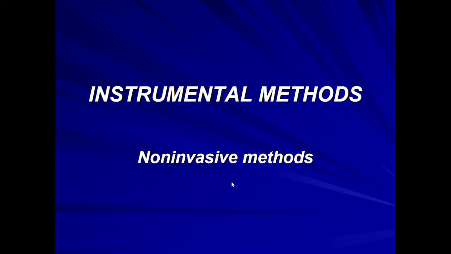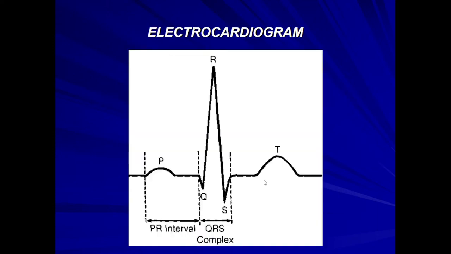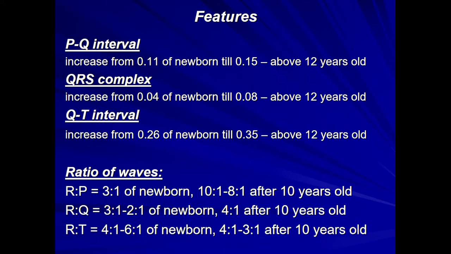Instrumental methods, non-invasive methods. It's the electrocardiogram, where we have graphical parameters of the bioelectric activity of the heart, and its parameters include on the electrocardiogram the PQ interval, QRS complex, and QT interval.